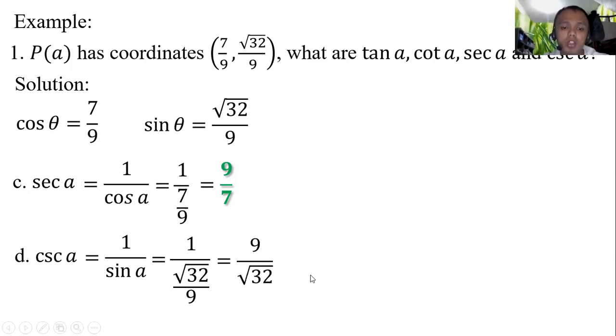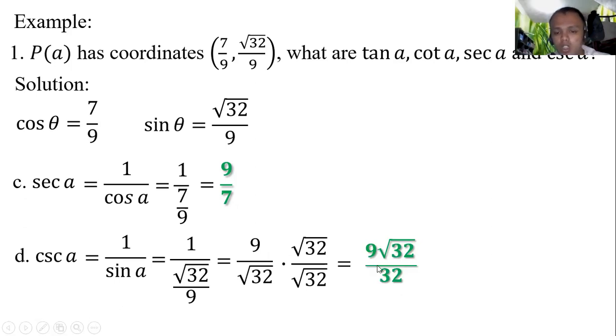Multiplied by 1, then we have 9 over square root of 32. Then rationalize natin, no? 9 times square root of 32 is 9 times square root of 32. Square root of 32 times square root of 32 is 32. Okay? Do we need to get the lowest term here? No. Wala kasi silang common factor. So ito yung magiging cosecant A natin.